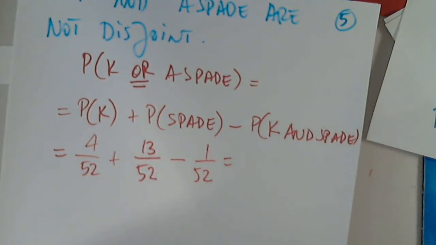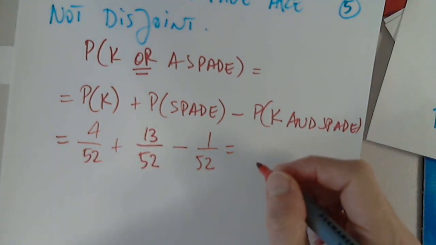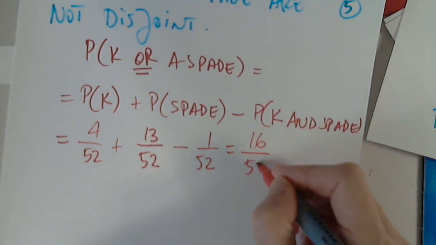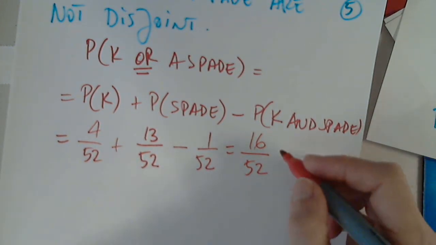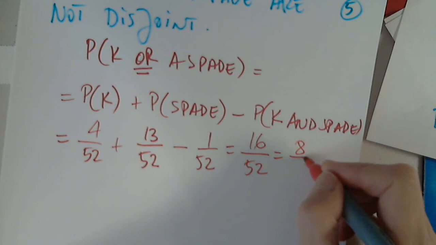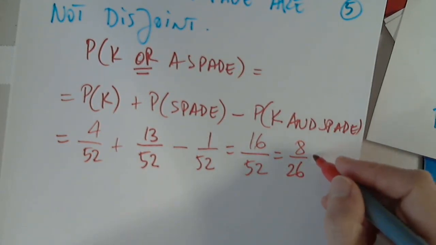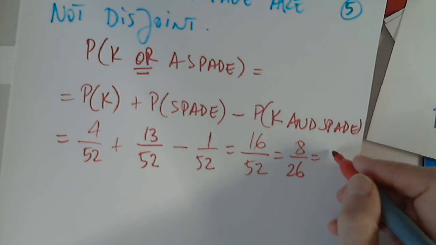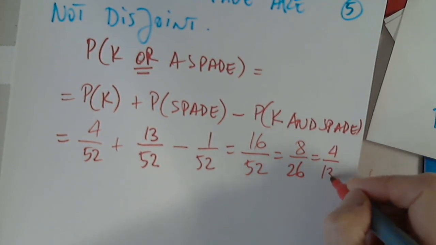I needed the same denominator for simplicity. So this is 17 minus 1, which is 16 divided by 52. I will simplify by 2 now, and I get 8 over 26, and I can simplify again by 2, and I get 4 over 13.